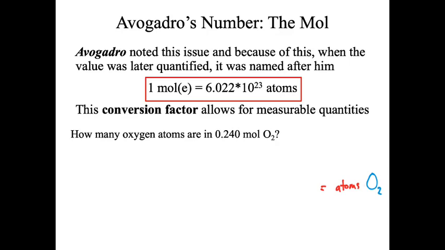You need to take the times 2 into calculation. It's asking for what? Oxygen atoms. What is O2? 2 oxygen atoms, which means if we're going to solve for atoms of O2, is that a true statement? No. We have to be very careful with our language.